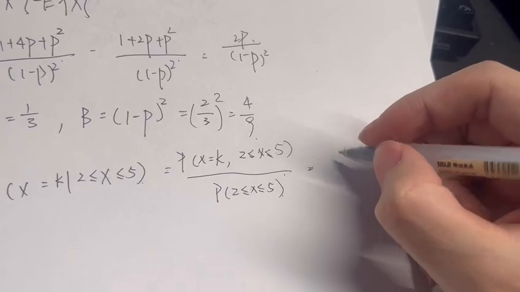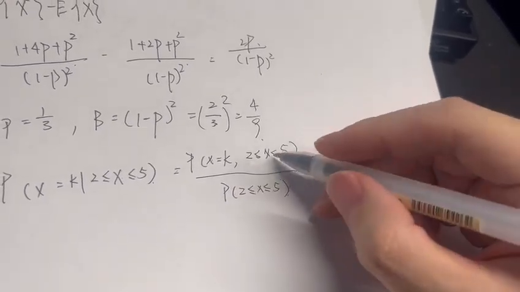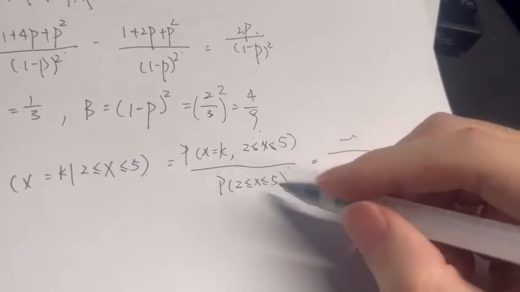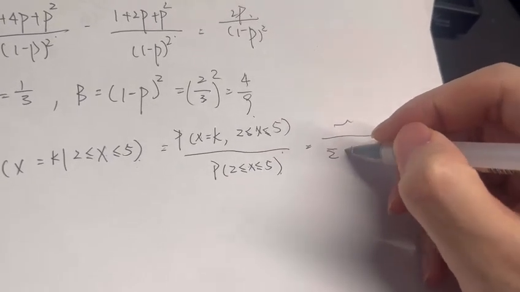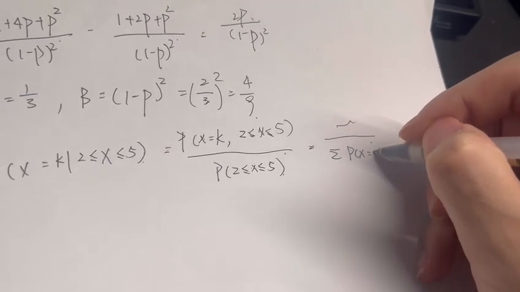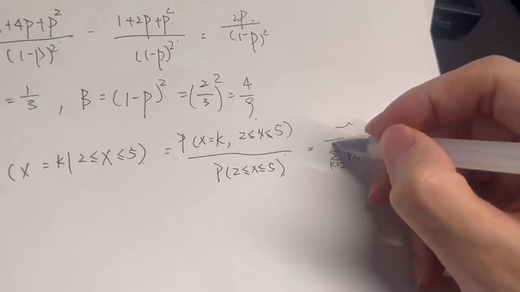So we keep this part. We can write this into another form. It's the summation of the probability of x equals to k, when k starts from 2 to 5.